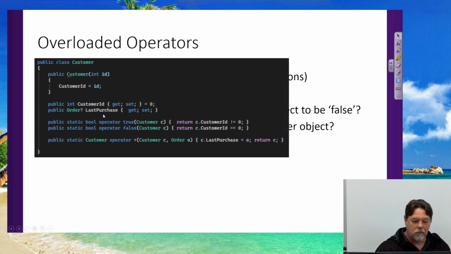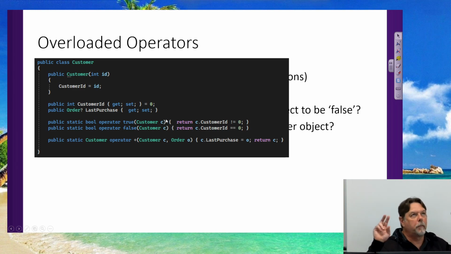So here's how you would define the class, no big deal, just a constructor, just a property, customer ID, an order. This is similar to the previous example, the customer object. So now I've got public static bool operator true. And that's just how you have to define it, to overload the true operator for the customer type.